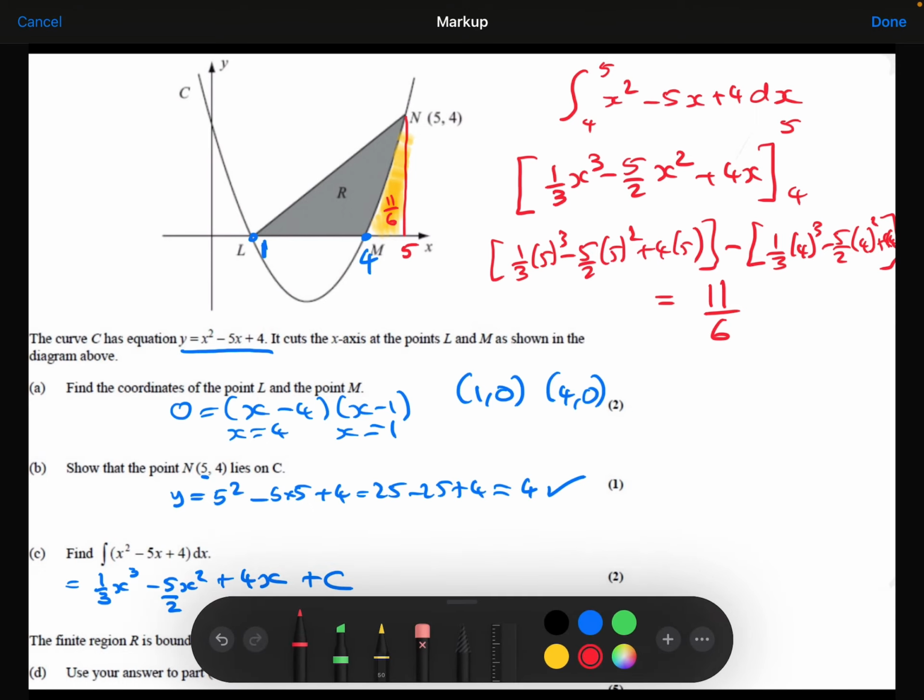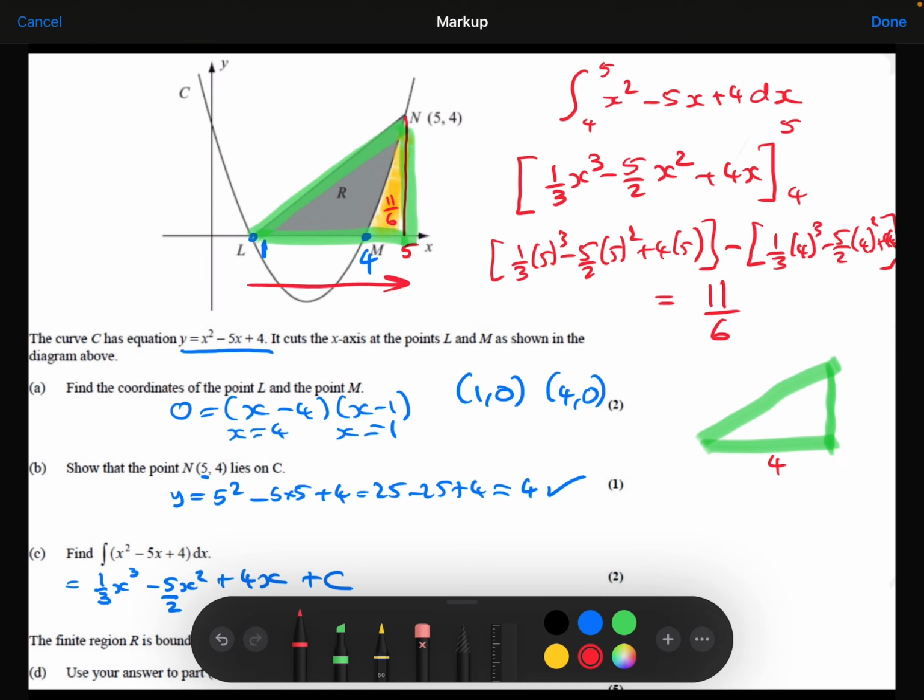Right, what about the triangle now? Well, the base of that triangle is just going to be 4 because we know that the x-coordinate here was 5, the x-coordinate here was 1, so the difference between them is 4.